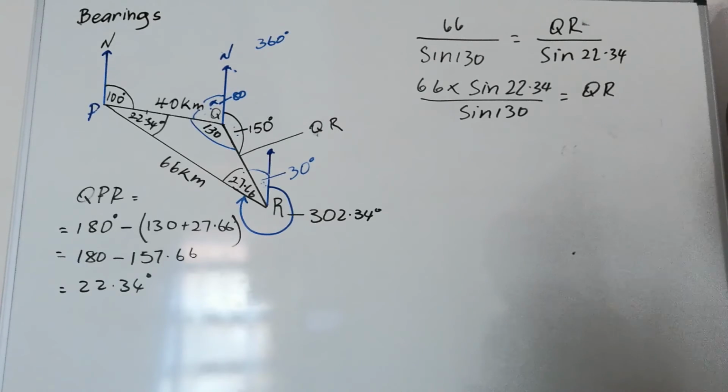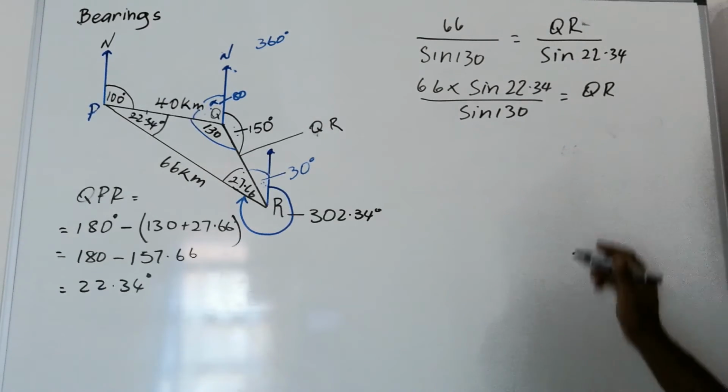So 66 times sine 22.34 divided by sine 130.